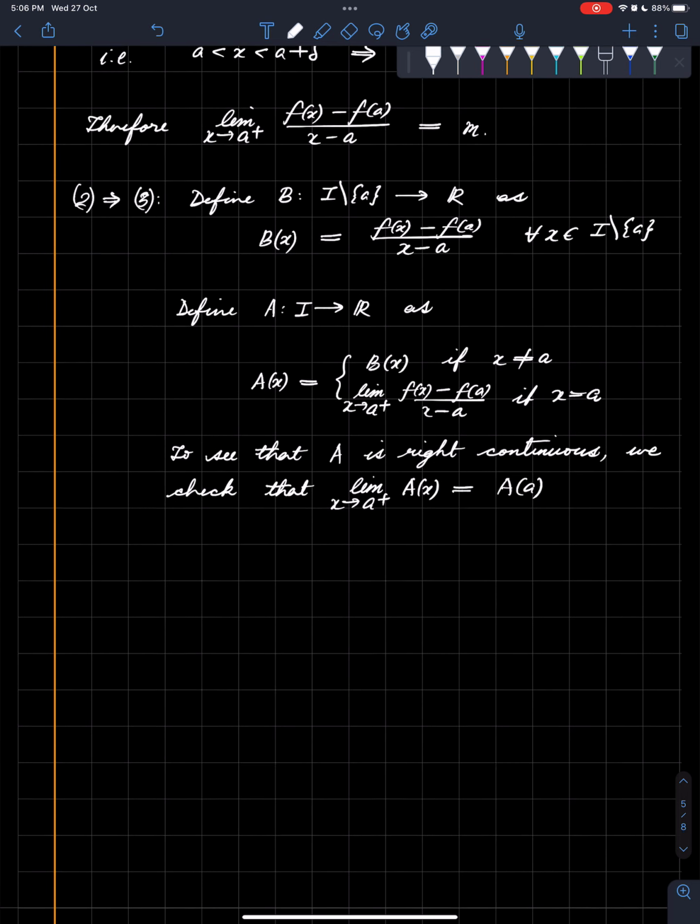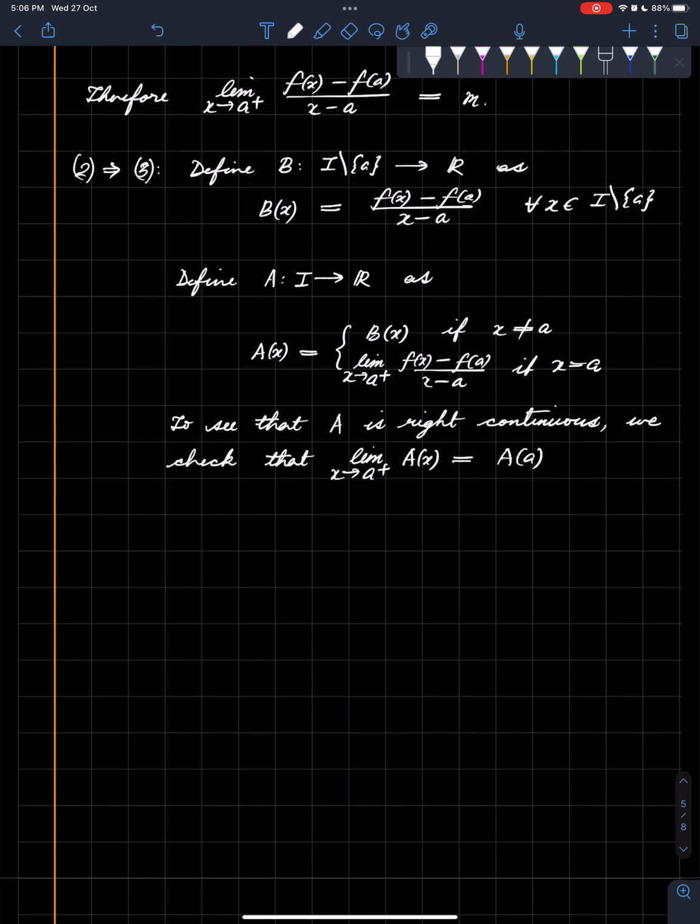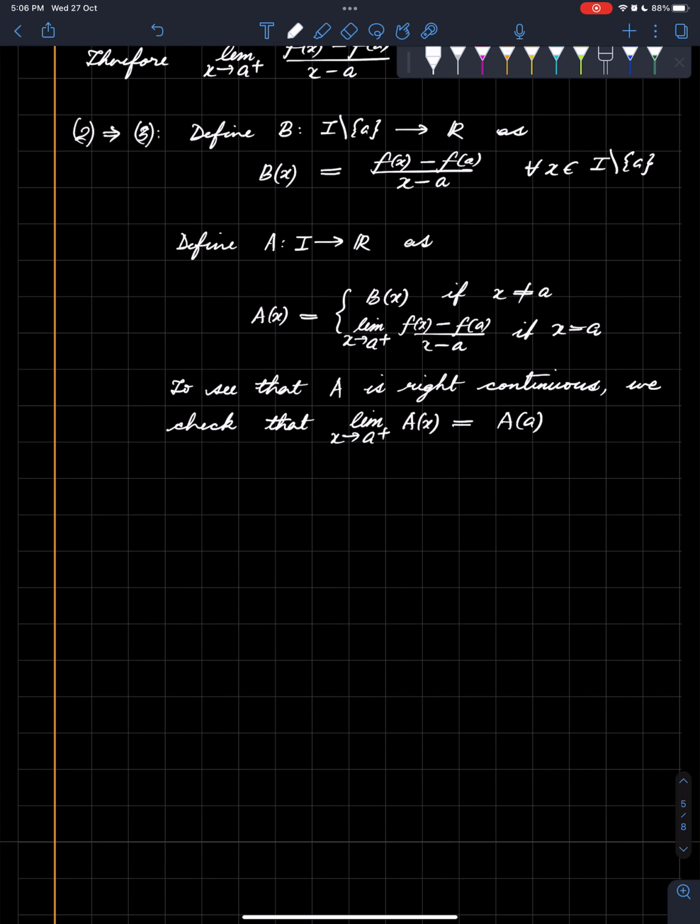This is what we need to check for right continuity. So how do we do that? We have the limit as x goes to a plus of A(x). We just use the definitions, and this is equal to the limit as x goes to a plus of B(x).